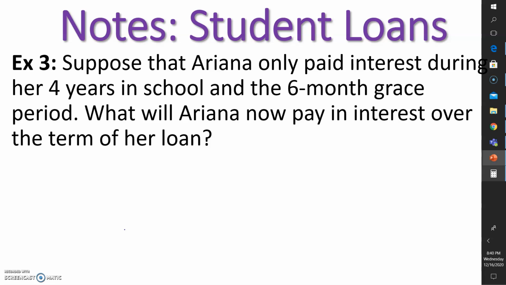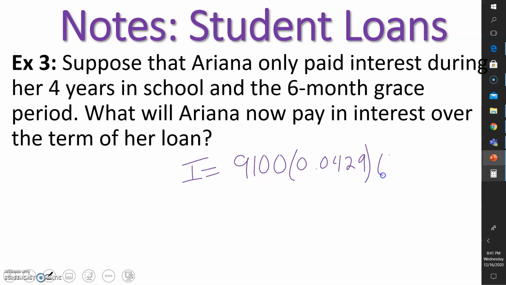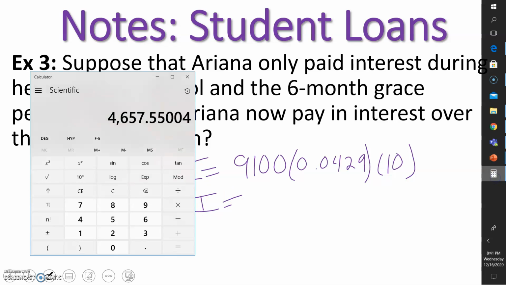If she did that, then her balance would still just be that 9,100. The rate is still 0.0429, and she still has 10 years. So we have 9,100 times 0.0429 times 10 years.